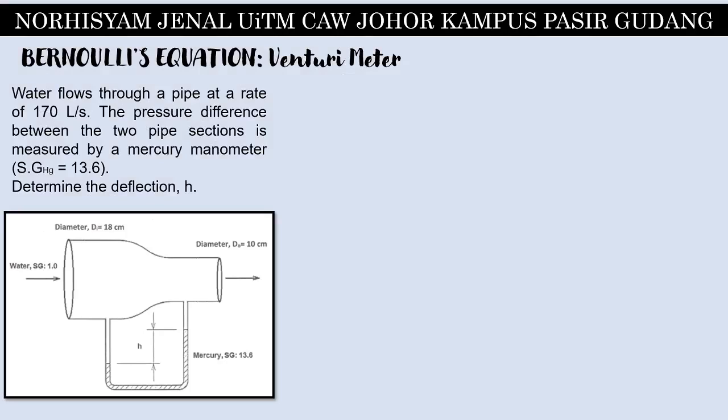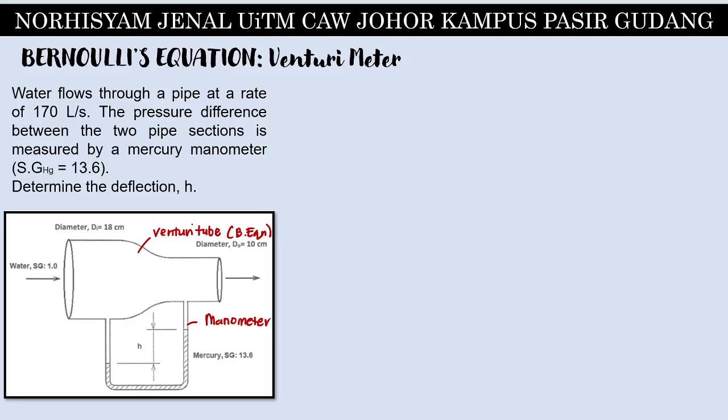Alright, the second question is on Venturi meter, where we have a combination of Venturi tube. Okay, so the study over here is on Bernoulli equation, and then we have a combination with manometer.